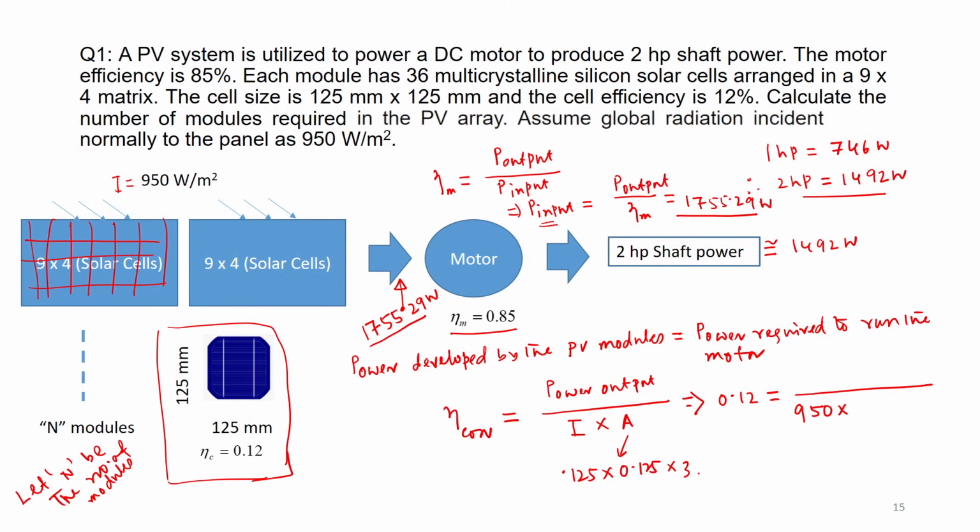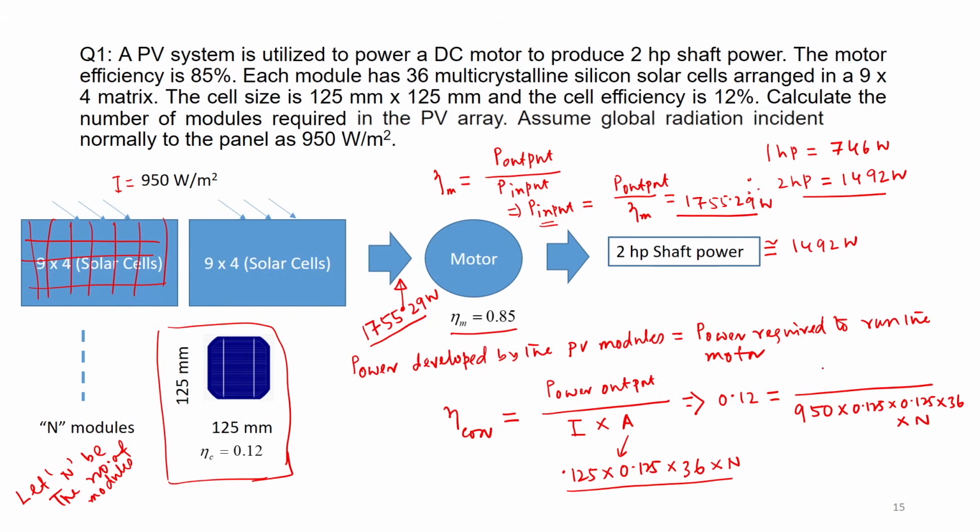So, it will be 36, right, and then we do not know the number of modules required, let n be the number of modules required. So, if we substitute the values, 0.125 multiplied by 0.125, then we have 36, and of course we need to multiply with n.